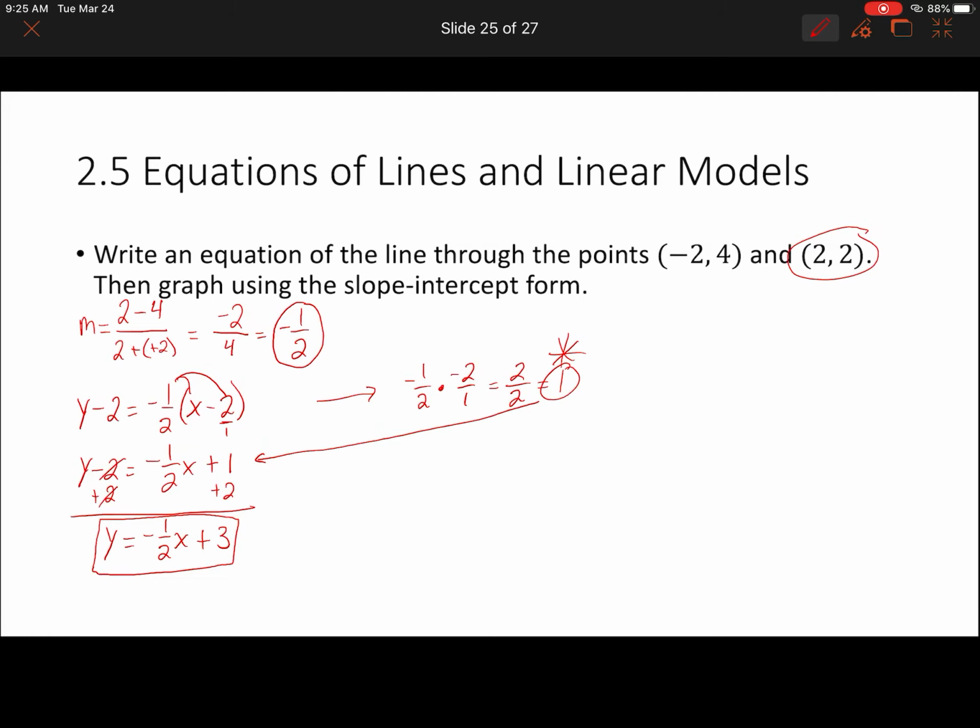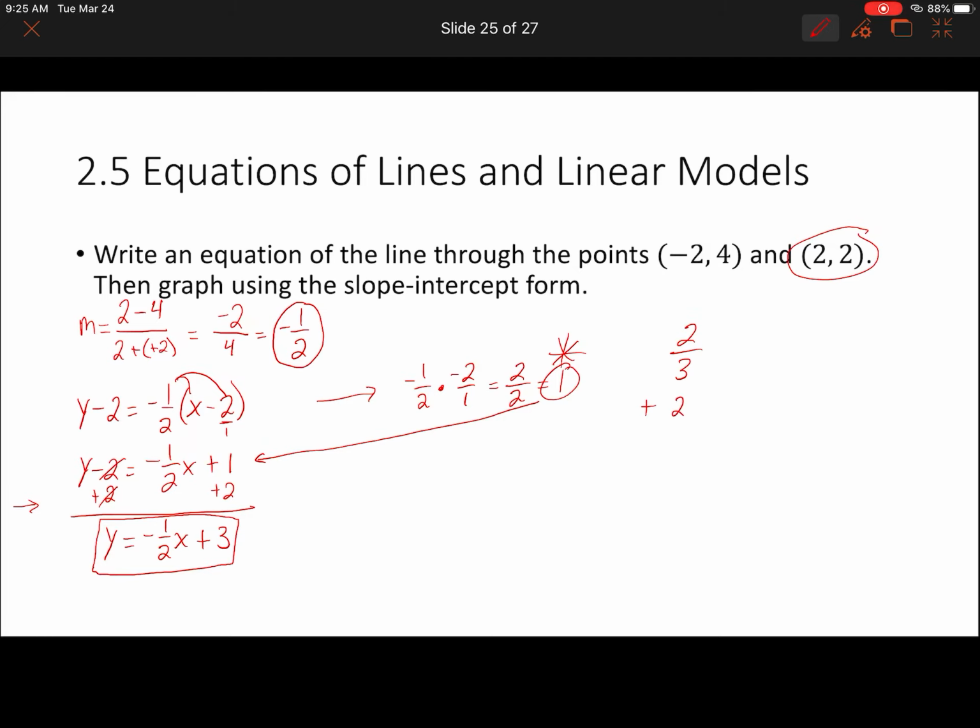Now, if this number out here ended up not being a whole number or an integer, if it had been a fraction, let's say 2/3. Okay, just kind of, again, as a little side note here.